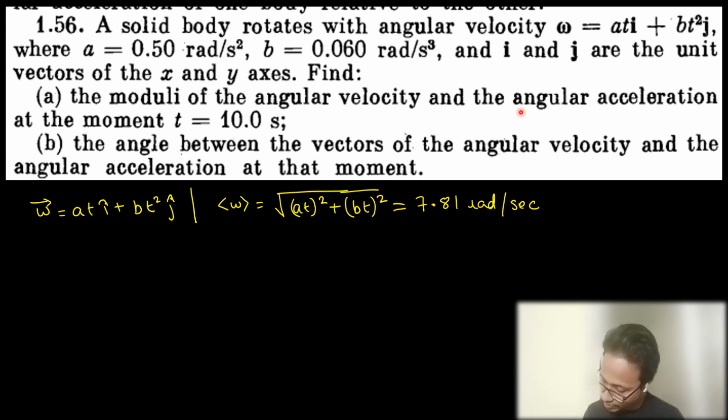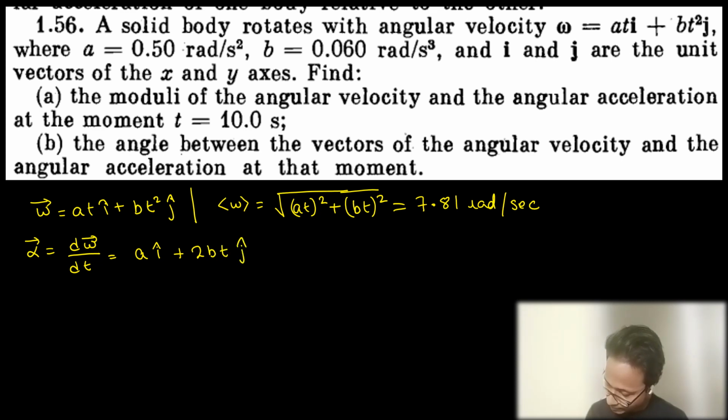Now the second part of the question is to find the angular acceleration. So omega is given, angular acceleration vector is equal to d omega by dt, or is equal to a i. If we differentiate this term with respect to t, what do I get? a i plus 2bt j.